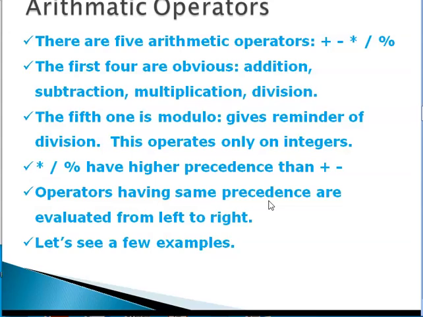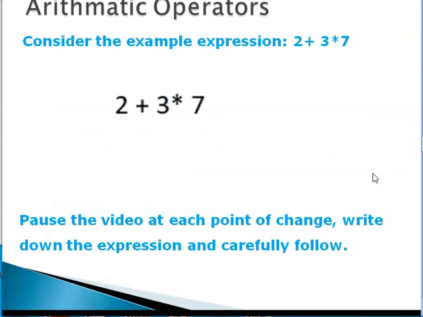If a few operators in the expression have the same precedence, the one which is leftmost will be evaluated first. This may be confusing to begin with, but as you go along, I'm sure you will pick it up. Let us see a few examples.